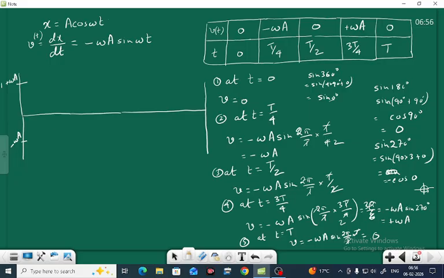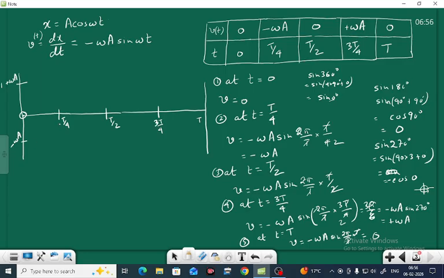At t equal to 0, the velocity is 0, this point. We divide this part into 4 equal parts: this is T by 4, this is T by 2, this is 3T by 4, and this is T. So we are getting all these points.